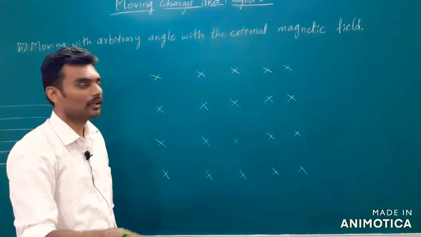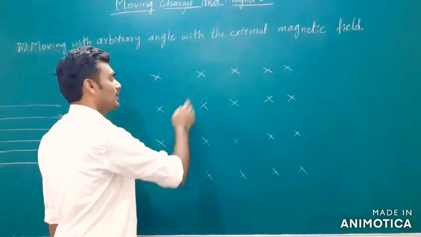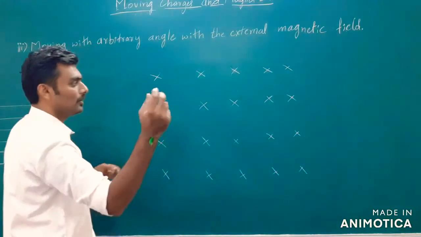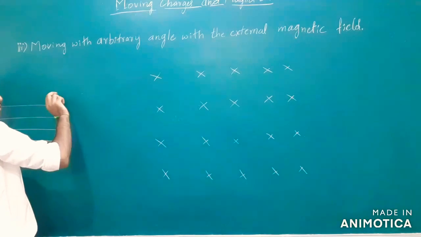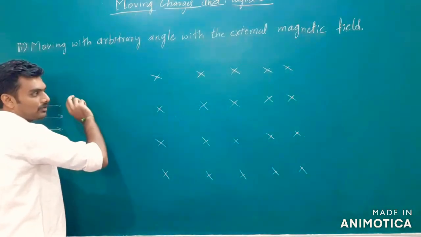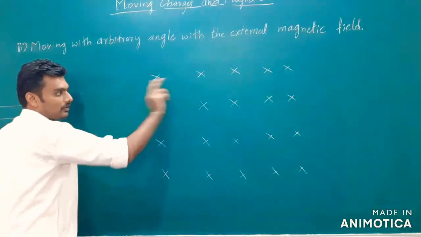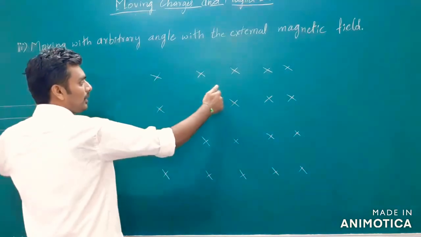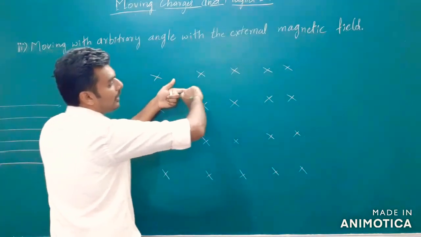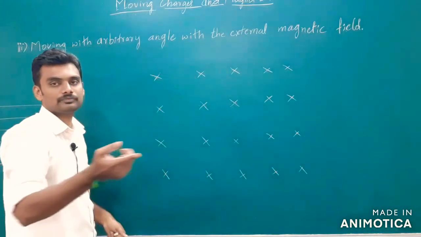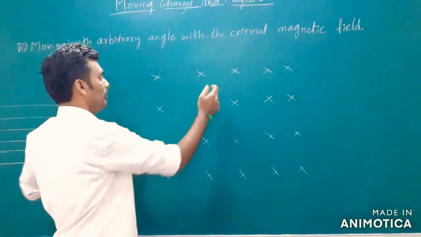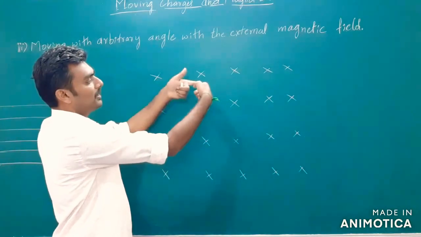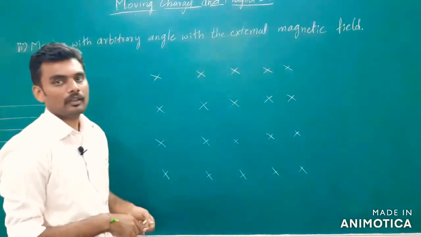If I had, what happens? No change in the direction. Perpendicular means this is B, and hence I should throw V like this. So B and V are perpendicular, and it traces a circular path. Clear?